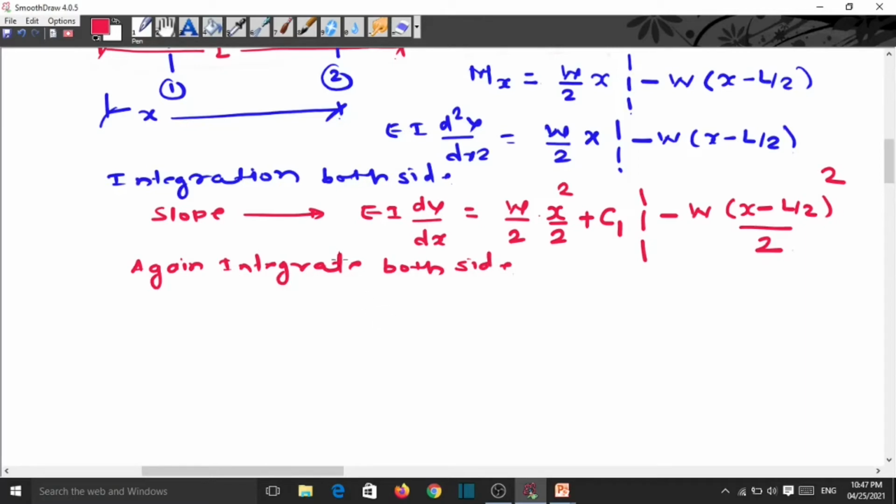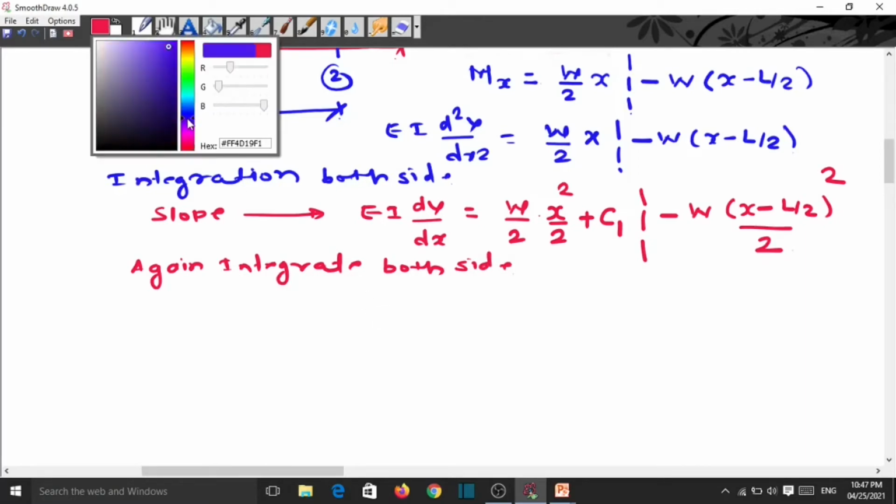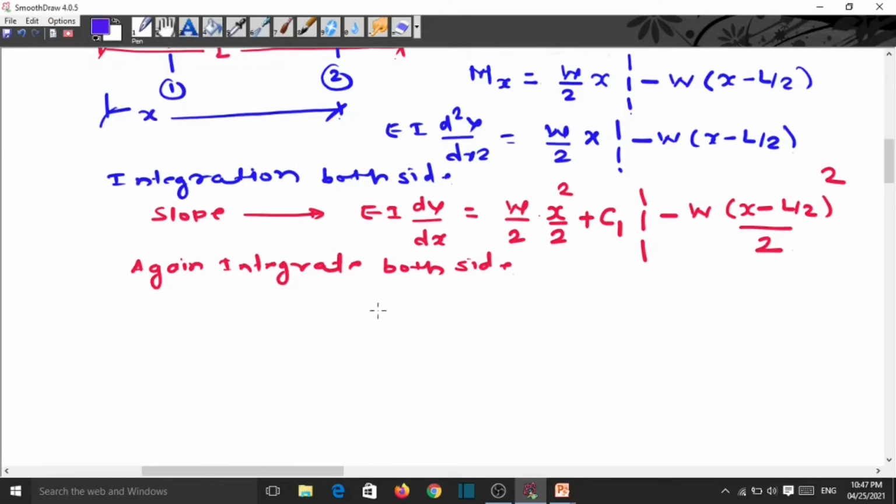So this becomes EI y is equal to, now this is W by 4. Then integration of x square is x cube by 3, plus integration of C1 is C1 into x.